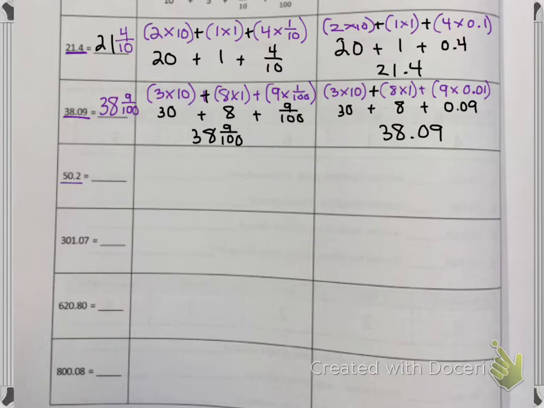So we have 50 and 2/10. As a mixed number, it's going to look like this: 50 and 2/10. Now we're going to multiply, so 5 times 10 to make that 50, right? Because it is in the tens place. We're going to add, but we have no ones. It's 0 here, so we have nothing to multiply there. So we're just going to do the fraction, 2 times 1/10.